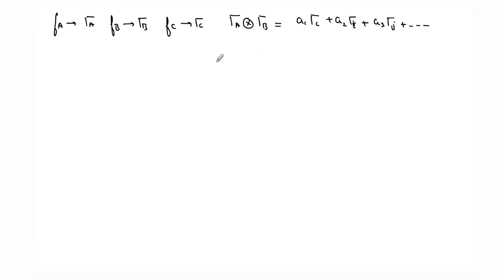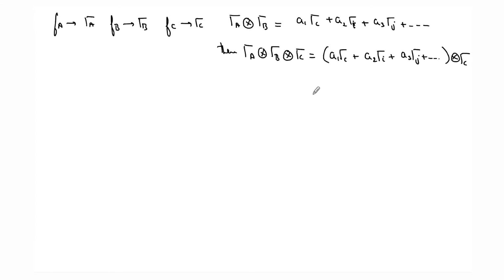So now if we calculate the triple direct product, tau A, tau B, tau C, then this will be A1 tau C plus A2 tau I plus A3 tau J, direct product tau C. Now if you see A1 tau C direct product tau C plus A2 tau I tau C and so on.